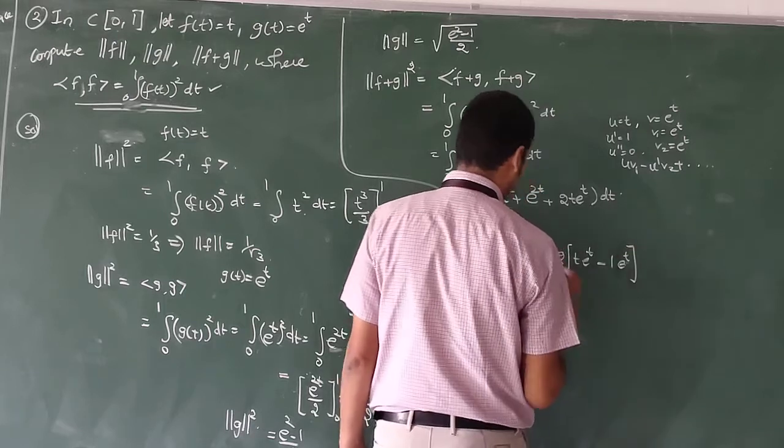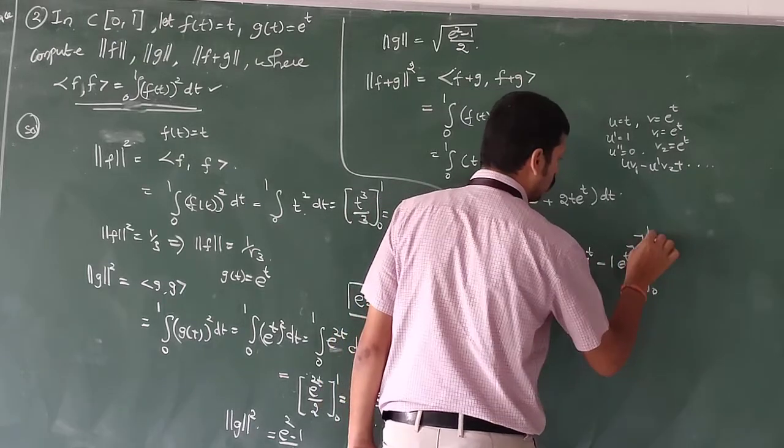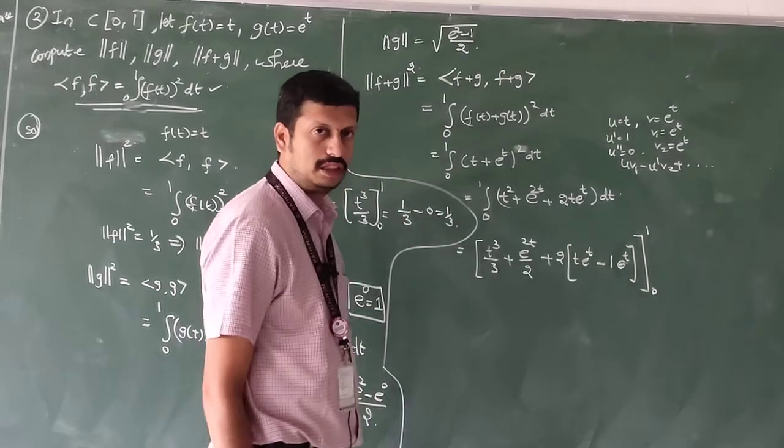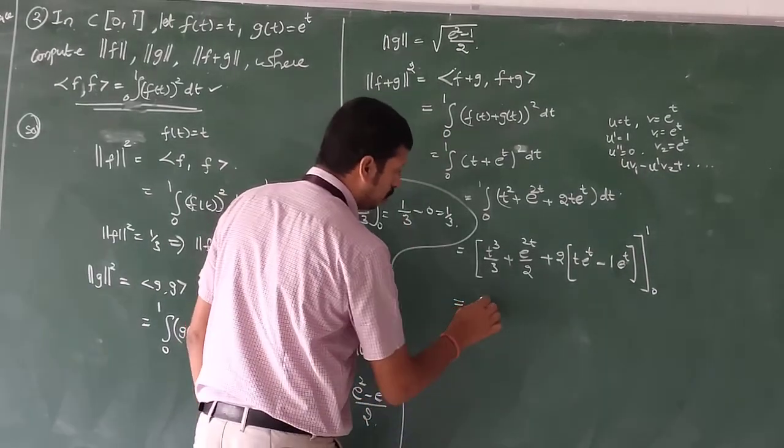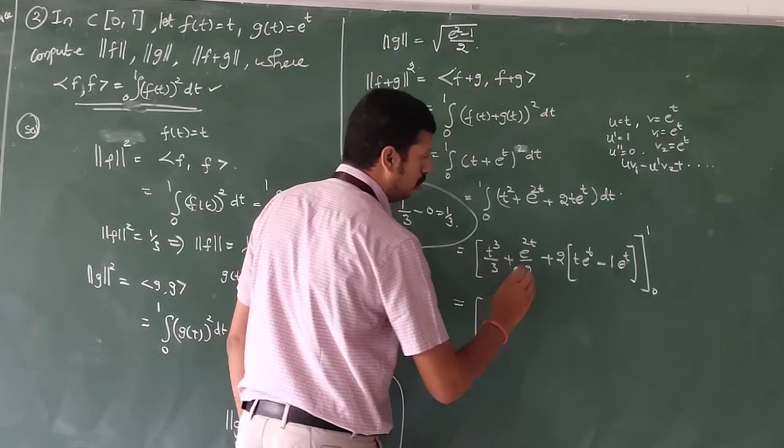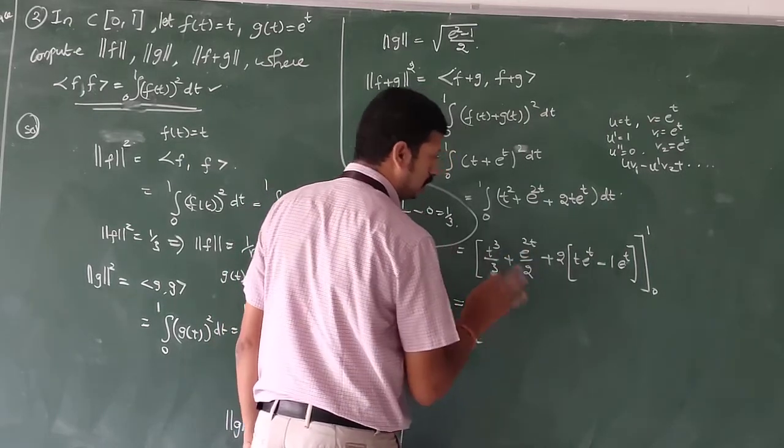So, limit points we have, what is that? 0 to 1, we have to apply 0 and 1 in these limit points, right. So, if we apply this one, what will we get? If we apply 0, this one gets 0, right.